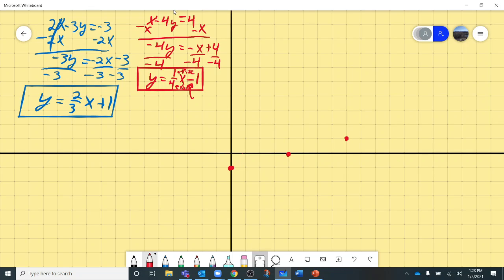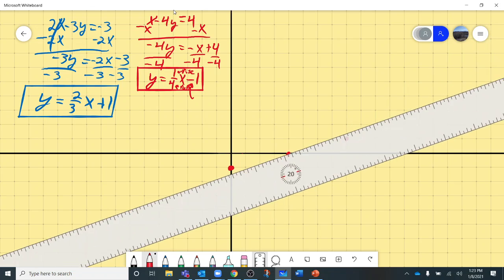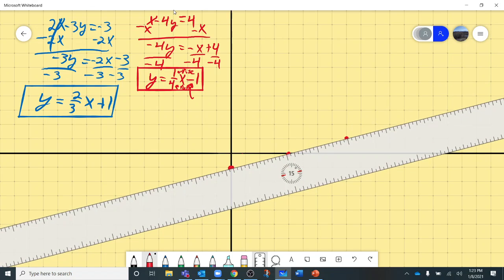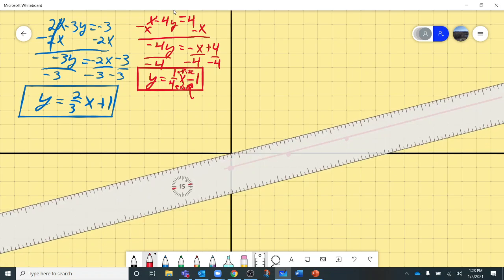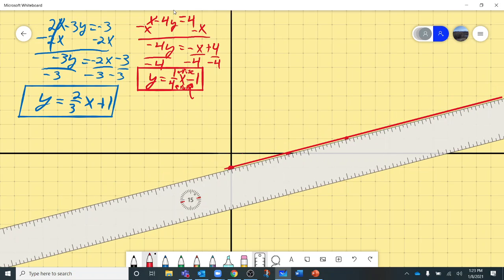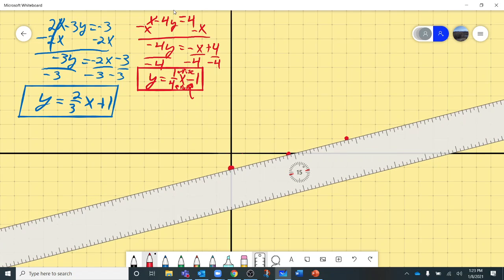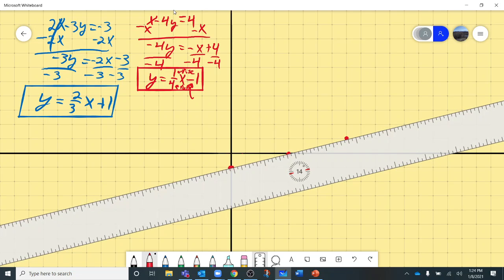And again, you only need 2 points. If you can put your line right through 2 points, then that works best. I mean, that'll give you a straight line. Every other point should be on there. Try that again. Okay. So I need to go right through that corner.